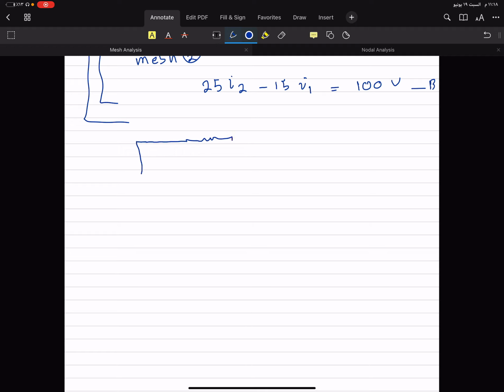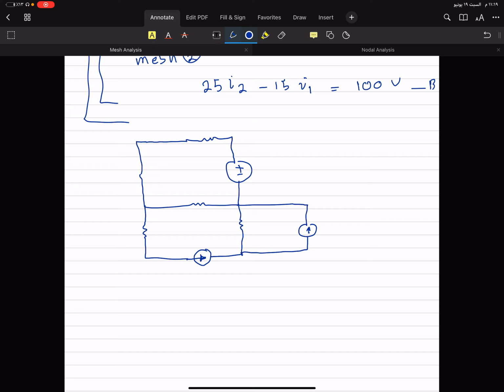Let's say that I have a circuit like this, with resistances and another current source.